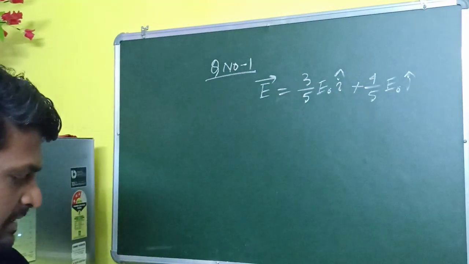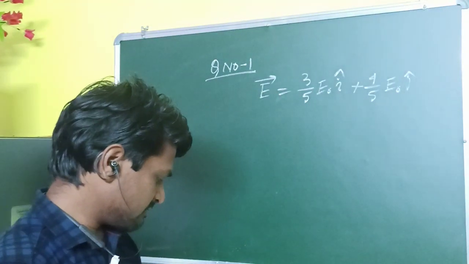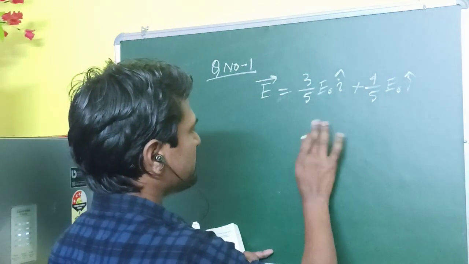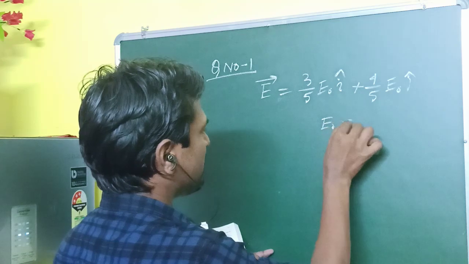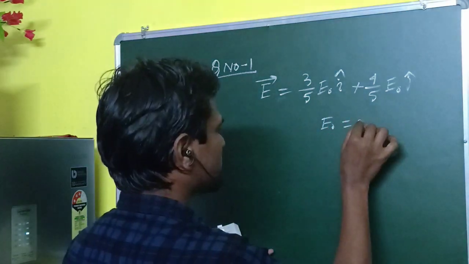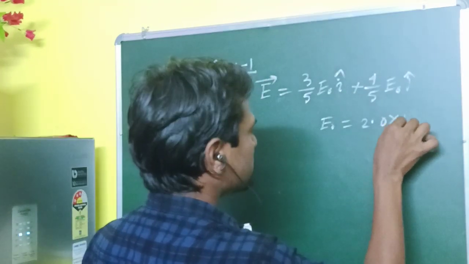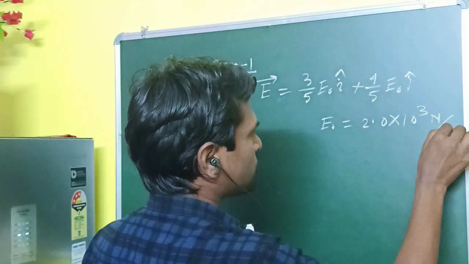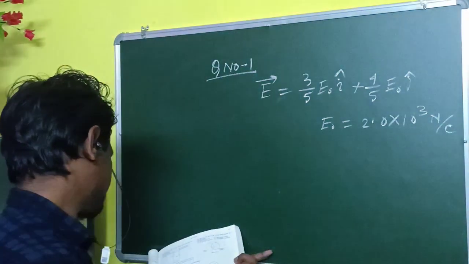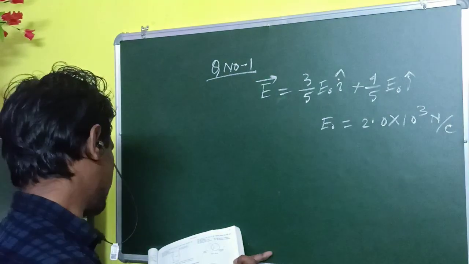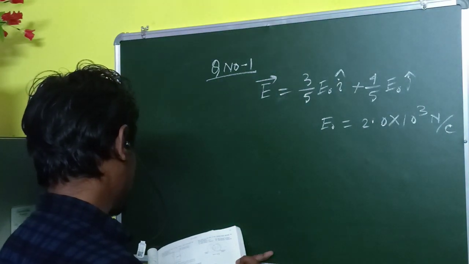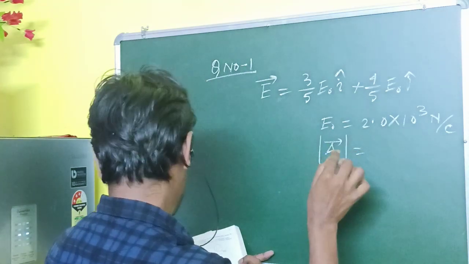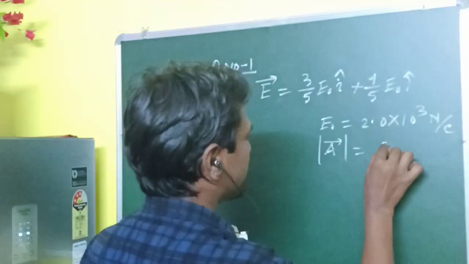So the electric field in a region is given by this, with E naught given as 2.0 into 10 to the power 3 Newton per Coulomb, and you have to calculate the flux through a surface. The magnitude of the area vector is given here, and it is 0.2 meters square.